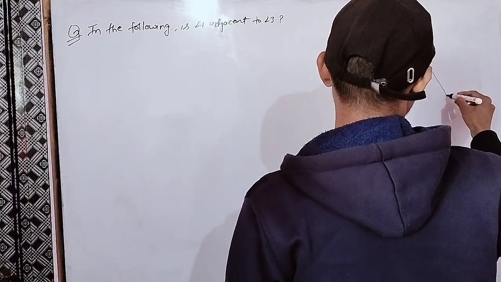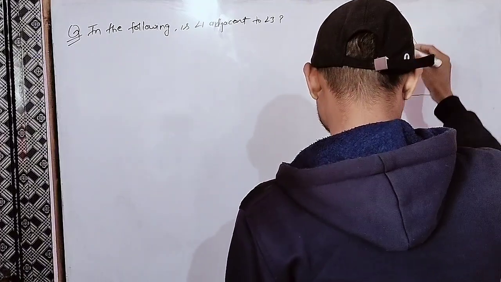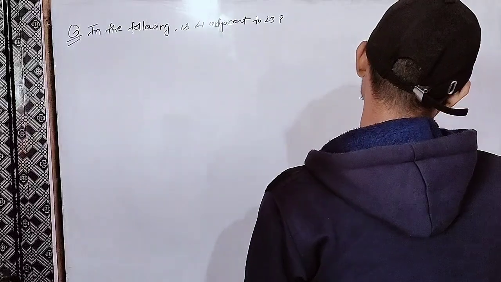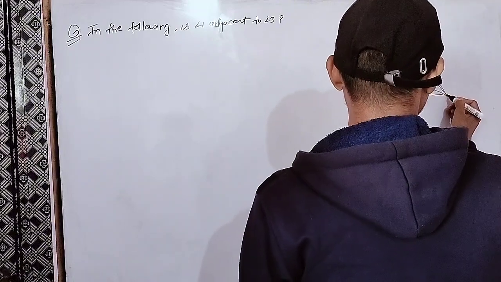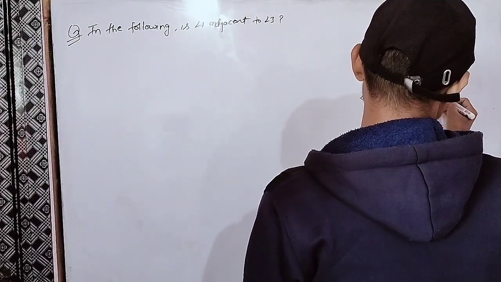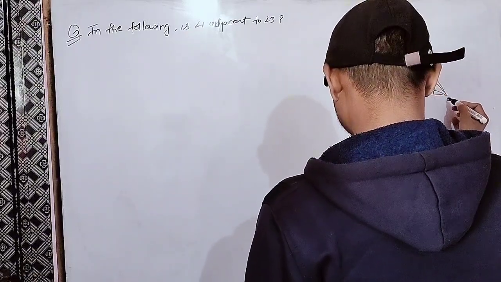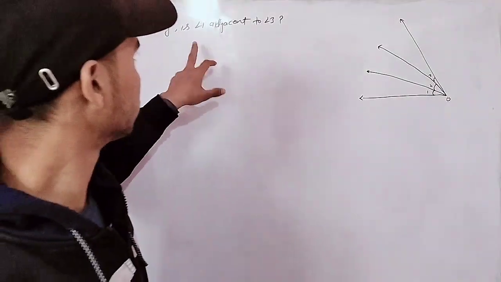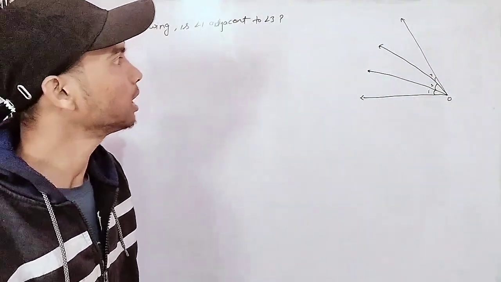The figure is like this. This is the figure of this question, and the question is asking: find whether angle 1 is adjacent to angle 3.